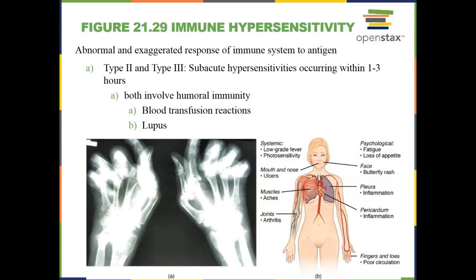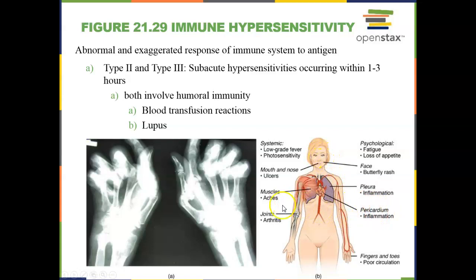Another subacute hypersensitivity is lupus. And so here I have lupus showing. This is an example of what happens with lupus. With lupus, you have a very fatigued body. You can get a butterfly-shaped rash around the eyes.